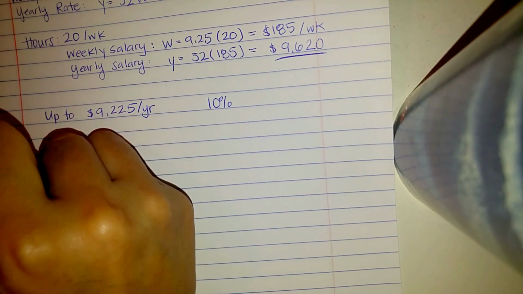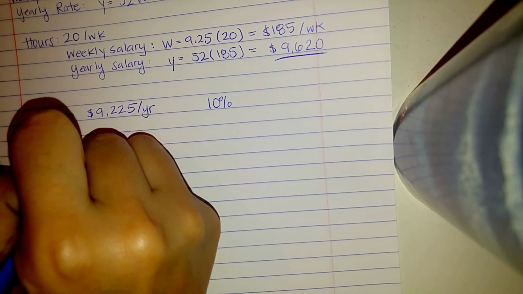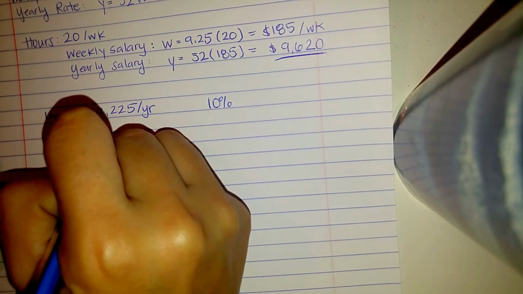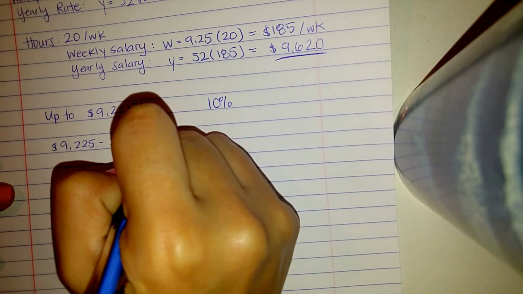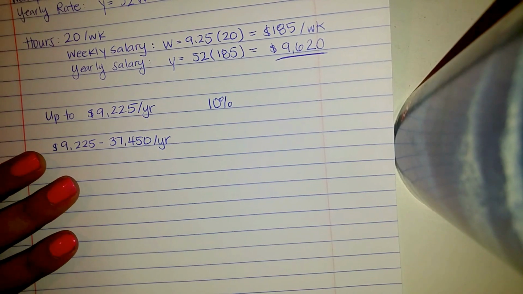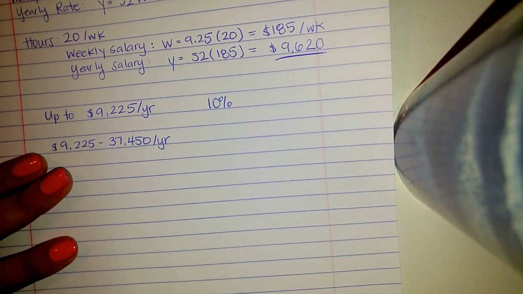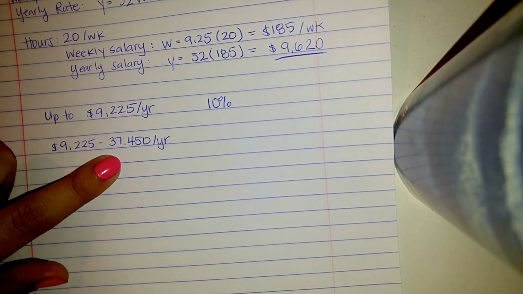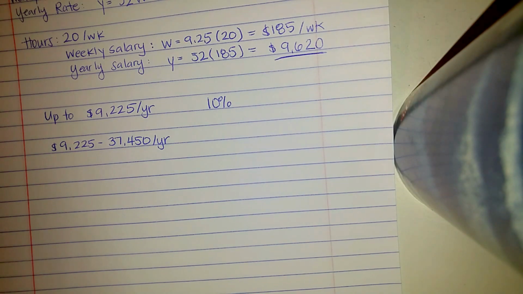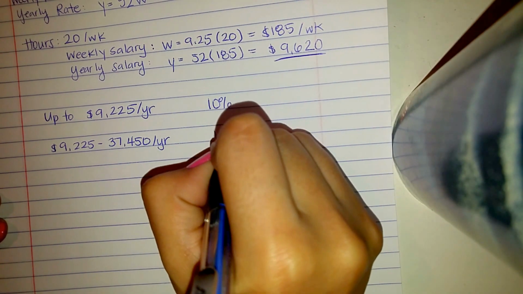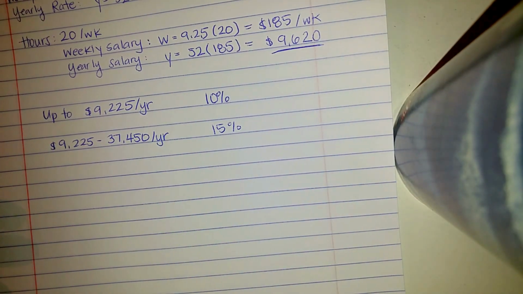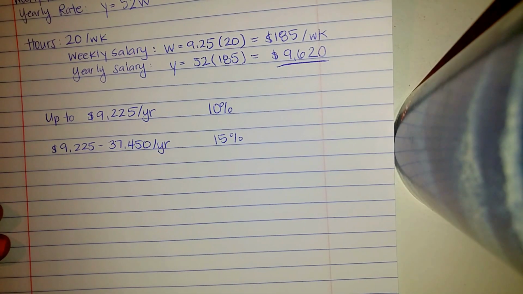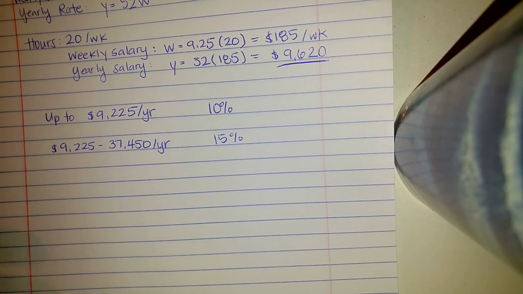However, if you make anywhere from $9,225 to $37,450 per year, then that means that you are in the 15% bracket, which means that you would be paying 15% in taxes. Now, it's not as simple as that seems.